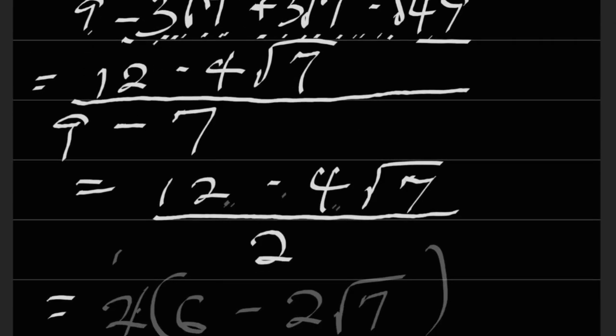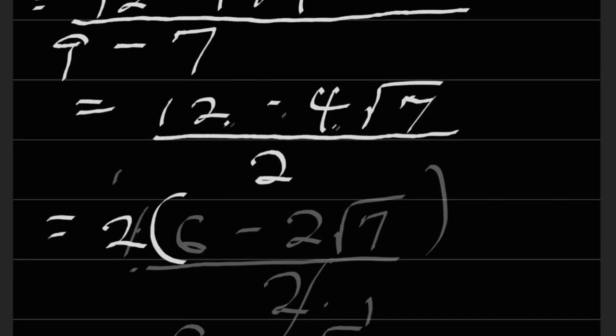We could have stopped here, but we are able to factor out 2 here. 2 is common in 12 and 4. So when we factor out 2, we'll be left with 6 here. Here is our minus. When we factor out 2 here, we'll be left with 2 root 7, all over 2.